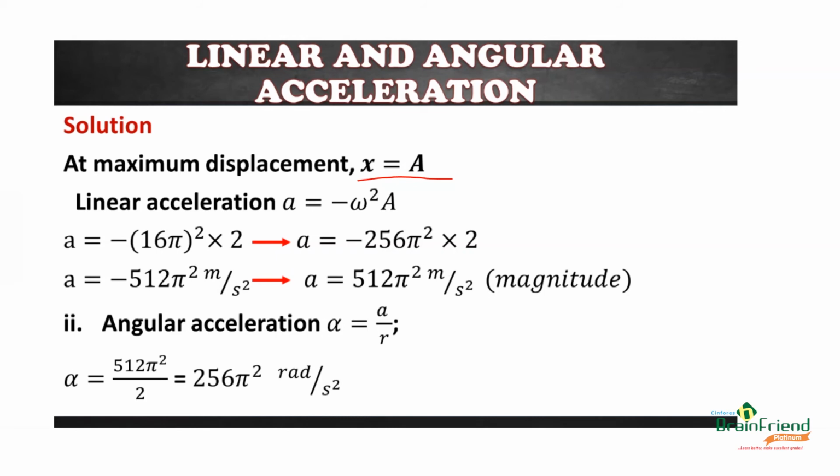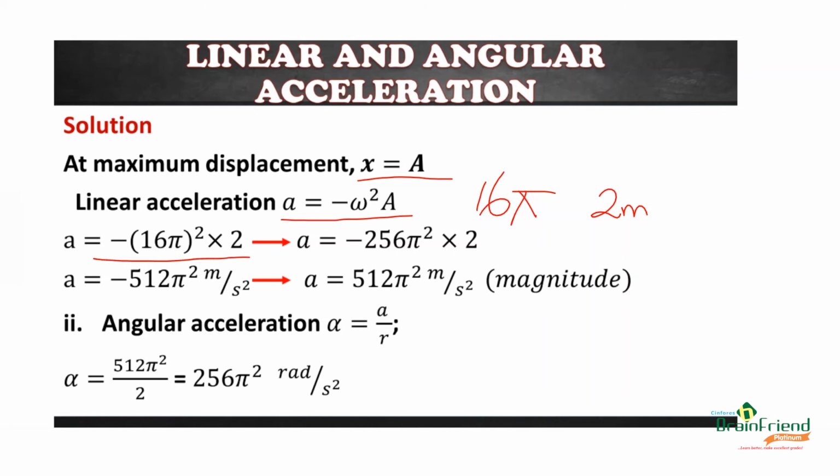So our linear acceleration can be calculated using the formula A is equal to minus omega square A. We've calculated our omega to be 16 pi, and our A was given to be 2 meters. That means substituting 16 pi radians per second for omega and 2 meters for amplitude A, we have A is equal to minus 16 pi all squared times 2.